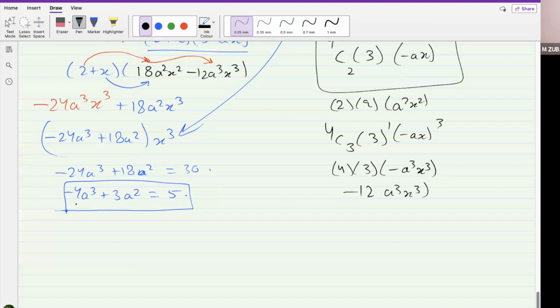So this is minus 4a cube plus 3a square is equal to 5. So we had a choice, minus 4a cube plus 3a square minus 5 is equal to 0. Let's use our calculator.